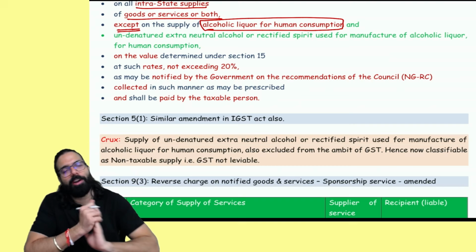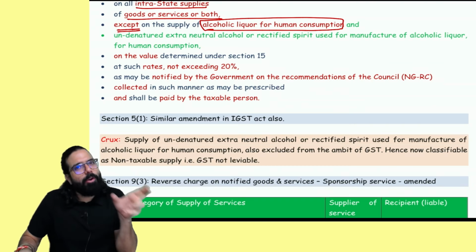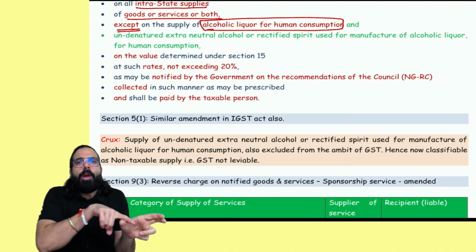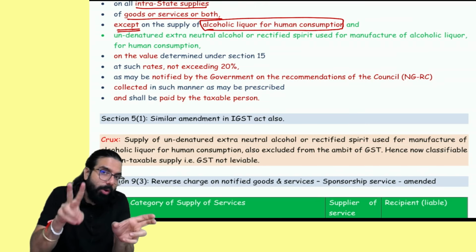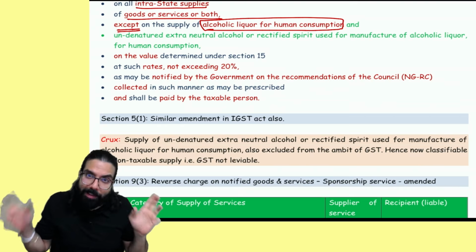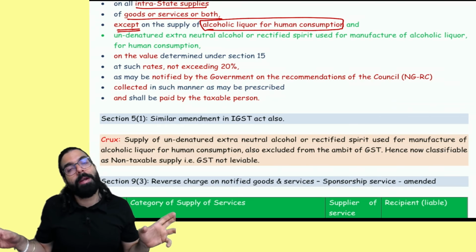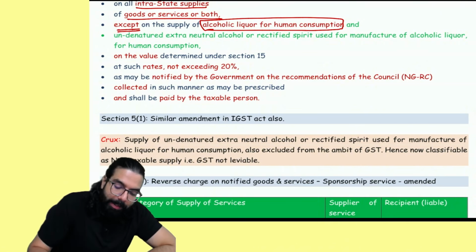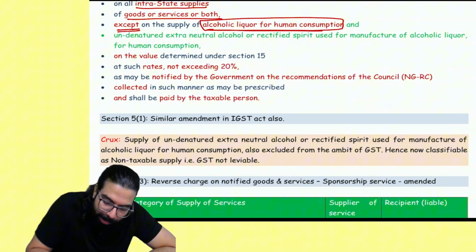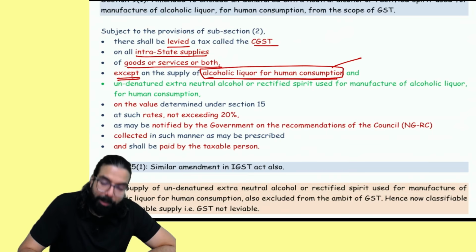Here, one small line got added. To make alcoholic liquor for human consumption, not all the raw material, but they have told there are two raw materials on which the government has said GST will not come. What are the two raw materials? See, alcoholic liquor for human consumption is anyway non-taxable.